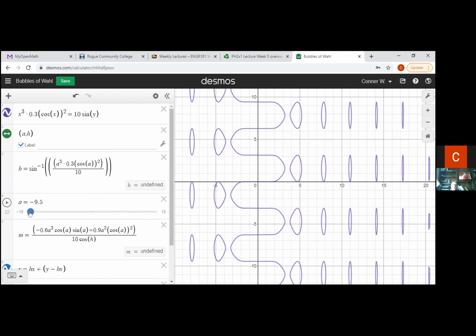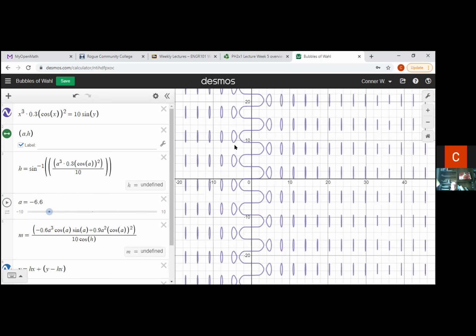As long as your point is on the graph and there is a tangent line on that point, then you're good to go. It's cool that it jumps from bubble to bubble. Notice how your graph doesn't exist at like 6 and 7. It goes between the bubbles. That's a really cool graph.